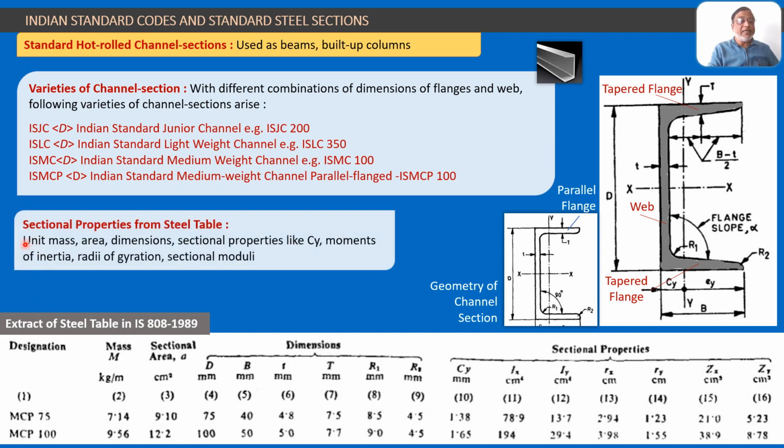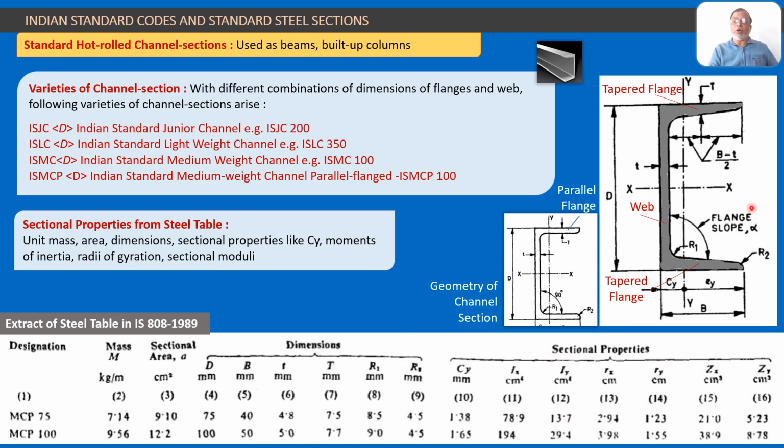So you will get these sectional properties here. This is just the same, pattern is the same as in case of the earlier I section. So you get mass, sectional area, then the dimensions. Whatever dimensions are shown here, the width of flange, the depth of flange, the thickness of web, thickness of flange, and so on. All the radii of curvature and so on.